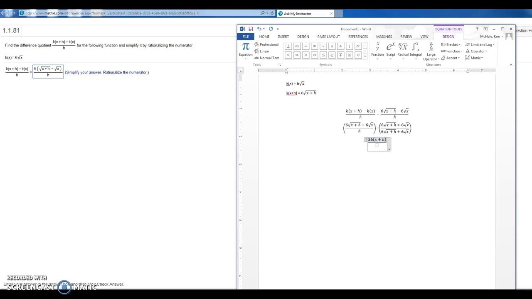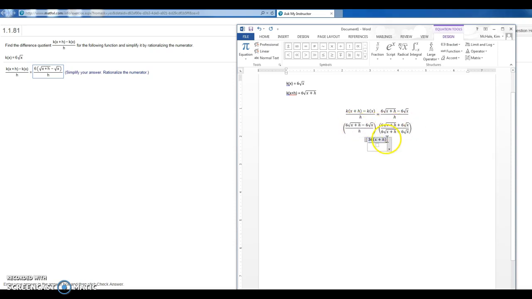And then notice when I use FOIL, my inner and outer terms, I'm going to get minus 36 square root of x times square root of x plus h for the inner. For the outer, I'm going to get positive 36 square root of x times square root of x plus h. And those are going to cancel. That's the whole idea of using the conjugate.